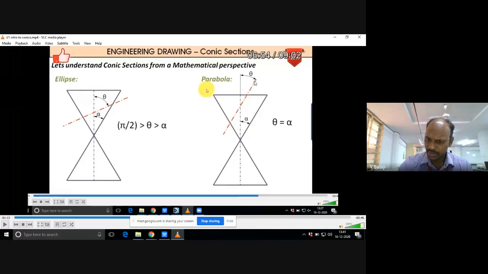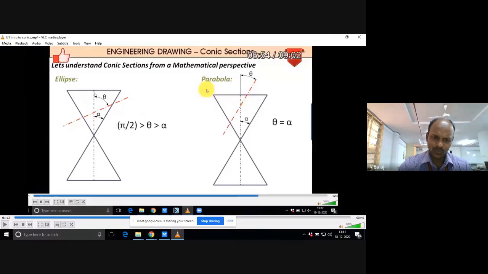If you cut the cone along the red dash-dotted line, that is the cutting plane. If you cut the cone such that the cutting plane angle with respect to the axis, theta, is equal to alpha, then you would get a parabola.